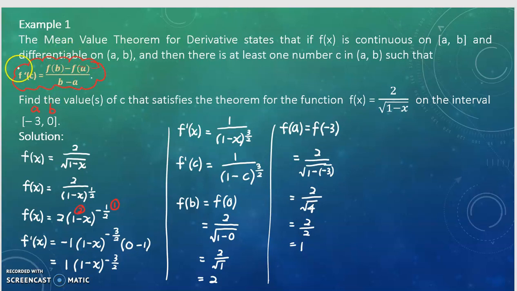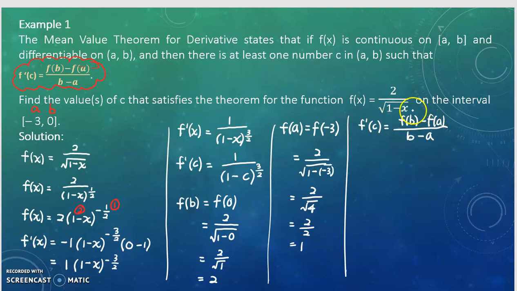So finally, I can substitute into this formula. Let me rewrite the formula: f'(c) is equal to (f(b) minus f(a)) over (b minus a).